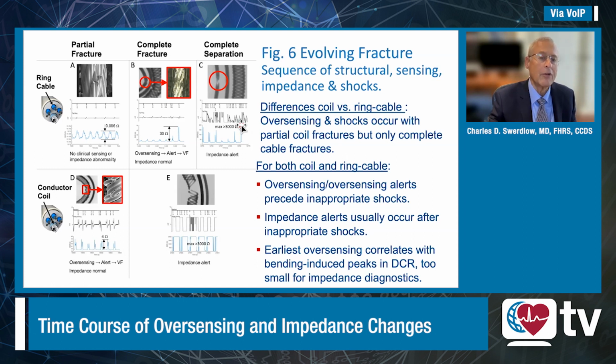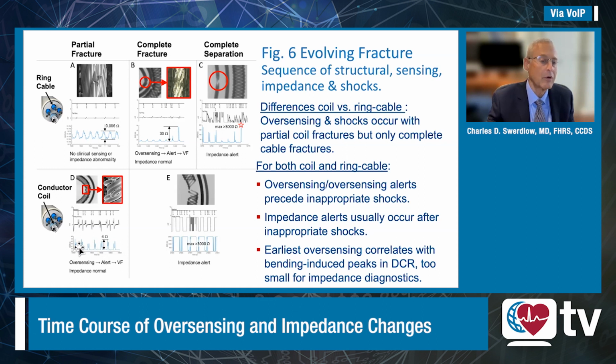Now, there are similarities and differences for conductor coils. The biggest difference between the structural progression and correlates of oversensing and impedance changes relate to partial fractures. With conductor coils, there are also small cyclical changes with the bending cycle, with the bending frequency, which is a little faster than the electrogram frequency.